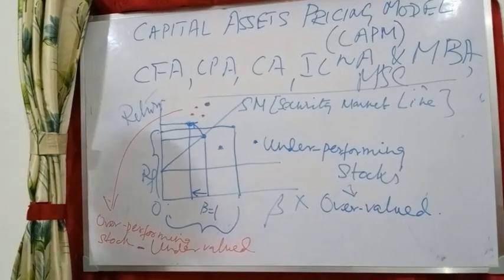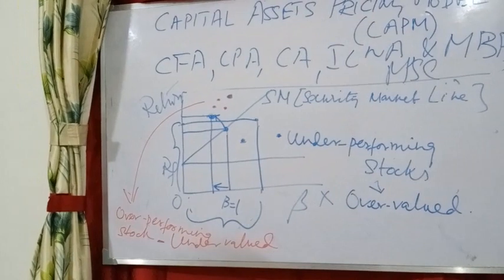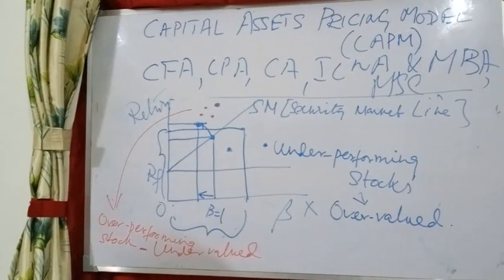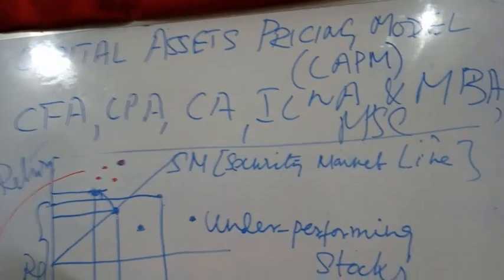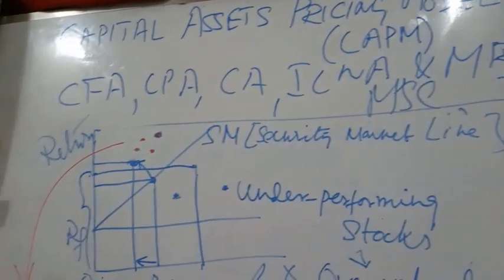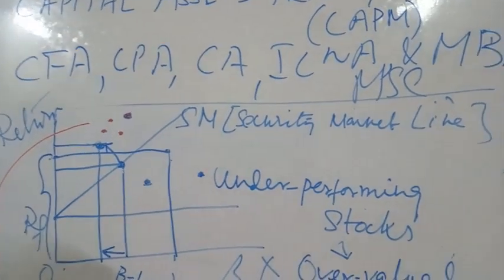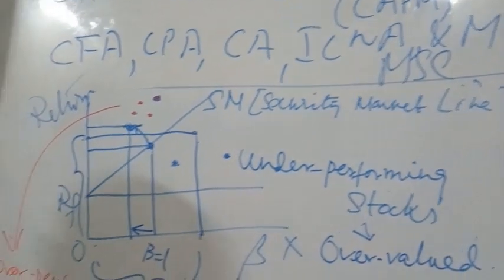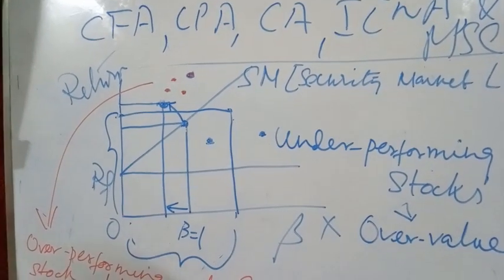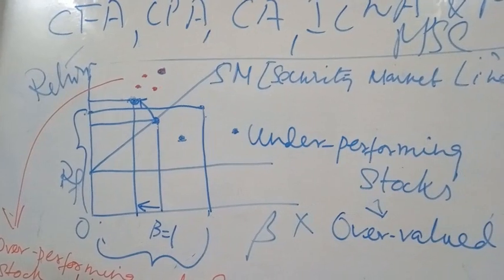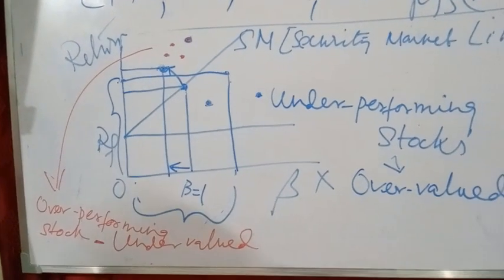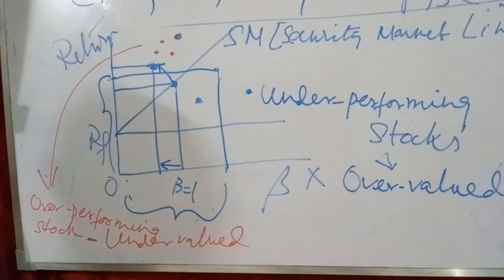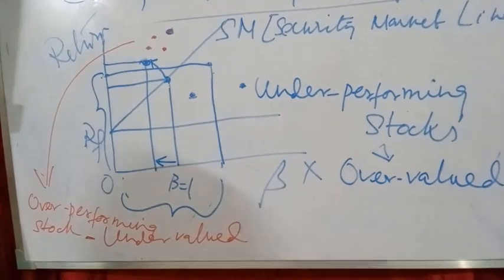Okay, so we have learned the CAPM formula, that is, the expected return is equal to the risk-free return plus beta multiplied by the difference between market return and risk-free return, that is, the market premium.